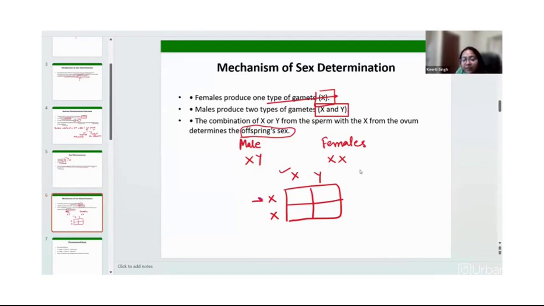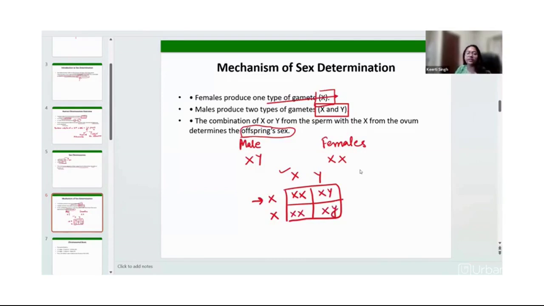What will happen if the first gamete of the female fuses with the first gamete of the male? It will lead to a condition of XX. Another is XY. This is again XX. And this is again XY.